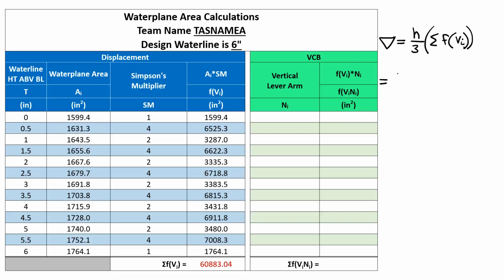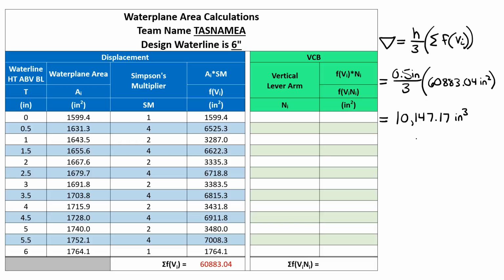My spacing between my water planes was already mentioned as a ½ inch. And then my sum is 60,883.04 square inches. This gives me a volumetric displacement of 10,147.17 cubic inches.